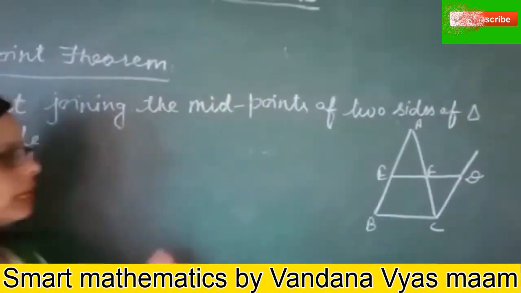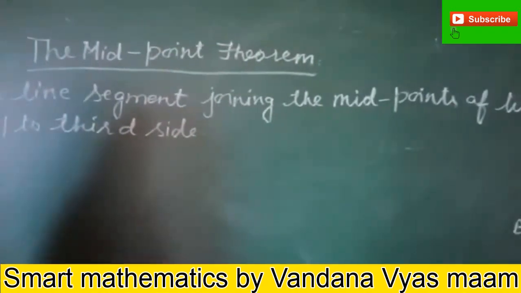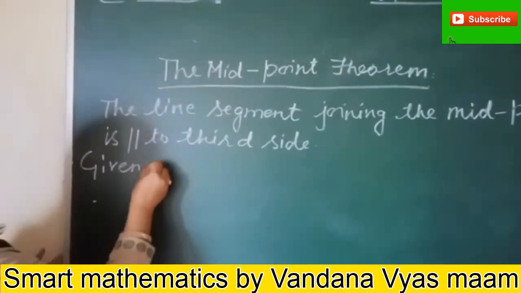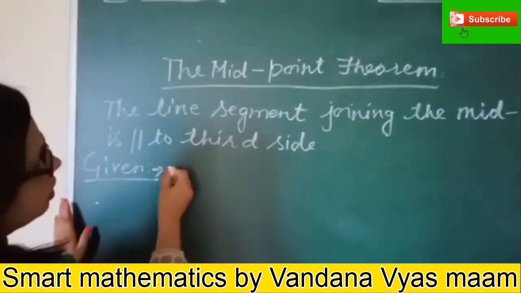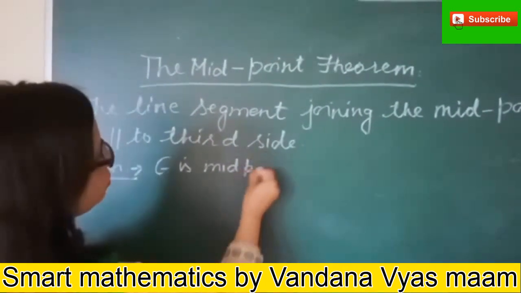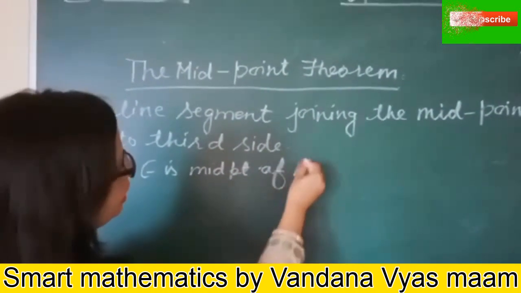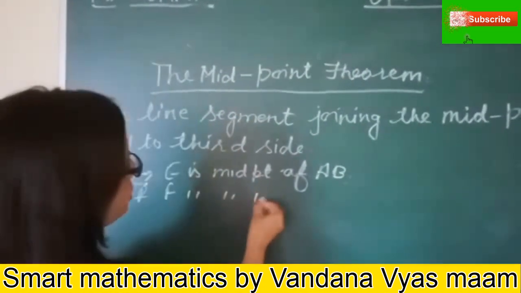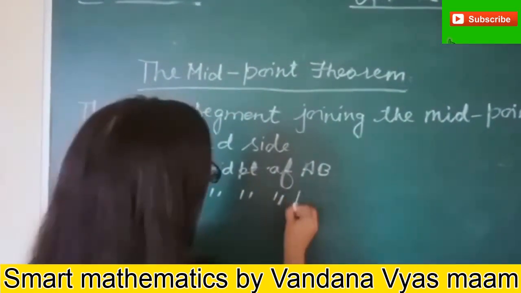So here we will prove the midpoint theorem. So what is given? Here we have given E is midpoint of AB and F is midpoint of AC.